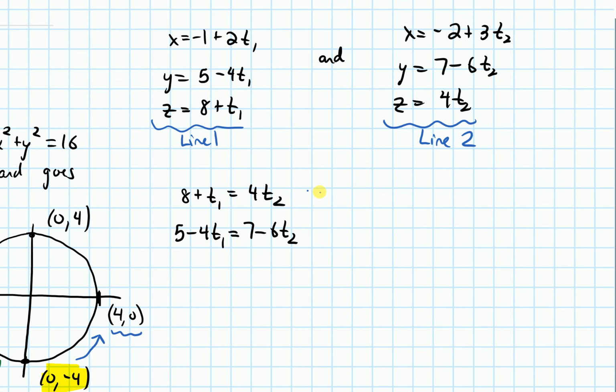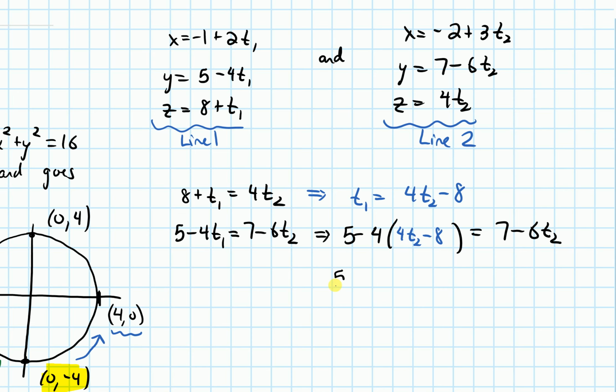In this first equation, I could isolate for t1, and I get t1 equals 4t2 minus 8. And we could substitute that into the next equation. So we get 5 minus 4 times t1, which is 4t2 minus 8, and this equals 7 minus 6t2 on the other side. Now from here, it's just some algebra.